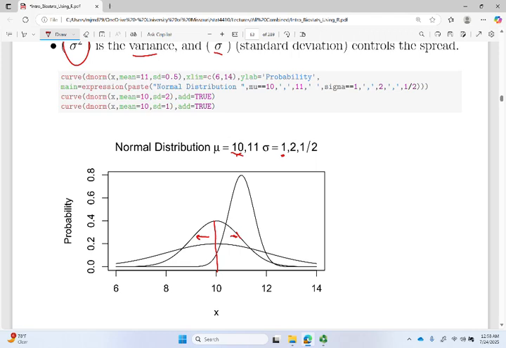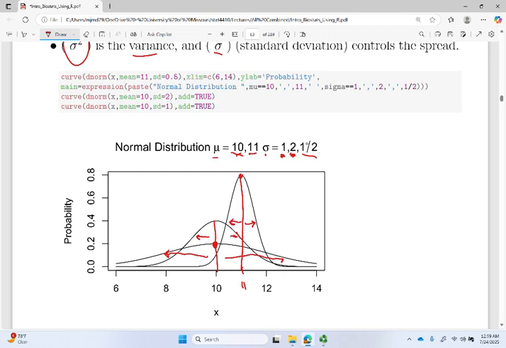Then we plot it for 10, but with a bigger standard deviation, so the height would be here. Notice that the spread of the data is more because this standard deviation is bigger than this one. Or if we have a mean of 11, right here, and the standard deviation is 1/2, notice that it's narrower than these other two.